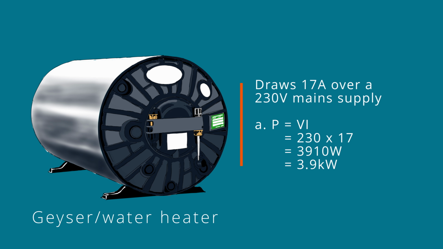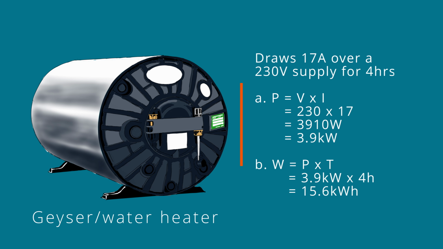For part A, we get our power rating by simply multiplying voltage and current, which is power equals 230 multiplied by 17, and that gives us 3,910 watts or 3.9 kilowatts. For those of you who are familiar with residential installations, you'd know that that's a 4 kilowatt heater over there.